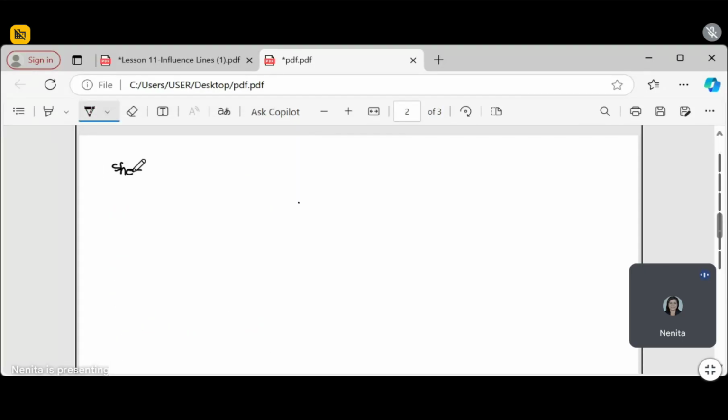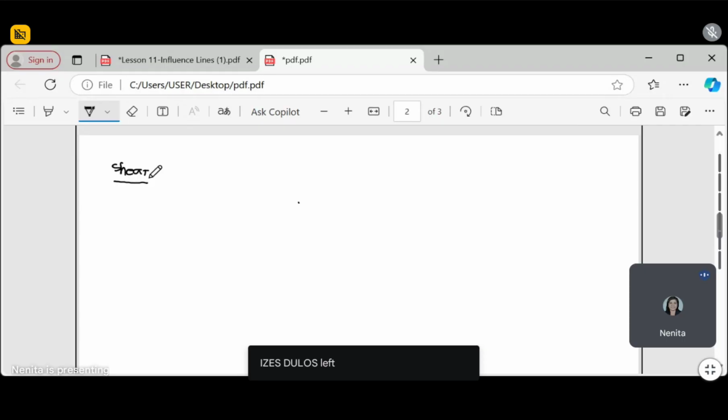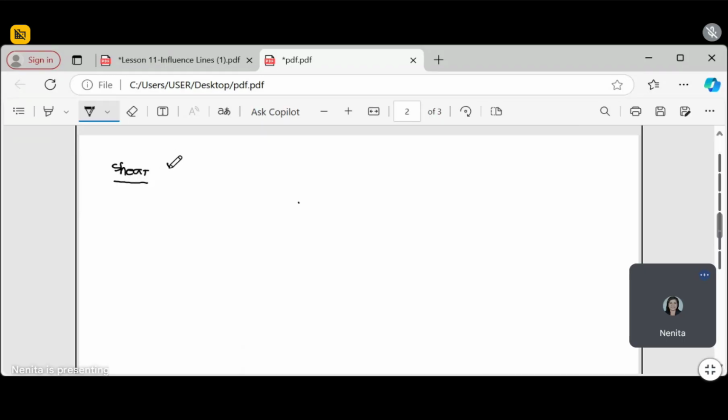Let's say we need to get the value of the shear at point C. So this is our beam, this is A and this is B. The span is 10 feet, and point C is at 2.5. So we will get the shear at point C, the influence line for shear at point C. That is our function.